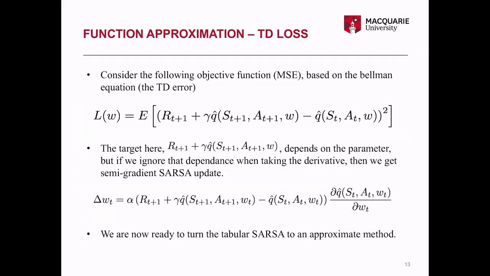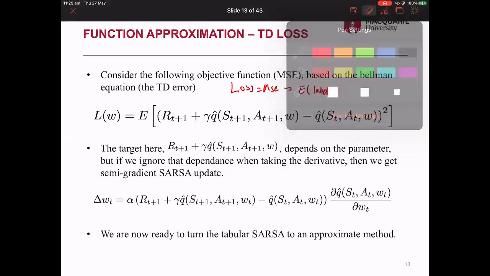So consider the following objective function, mean squared error based on the Bellman equation. Imagine that you're dealing with a regression problem, where the loss function is MSE, which is the expected value. So we average over, so we have a label, not necessarily label.